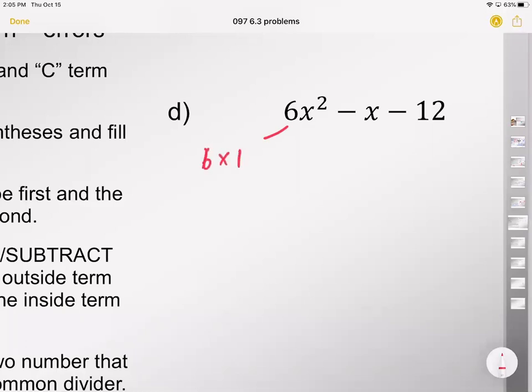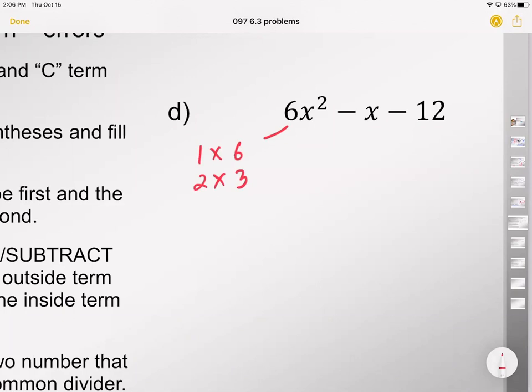In the sense of the multiple of 6, let me do it consistently with yesterday. I mentioned that 1 times 6 is 6, and 2 times 3 is 6. For the multiple of 6, find what two numbers multiply together to give you 6.